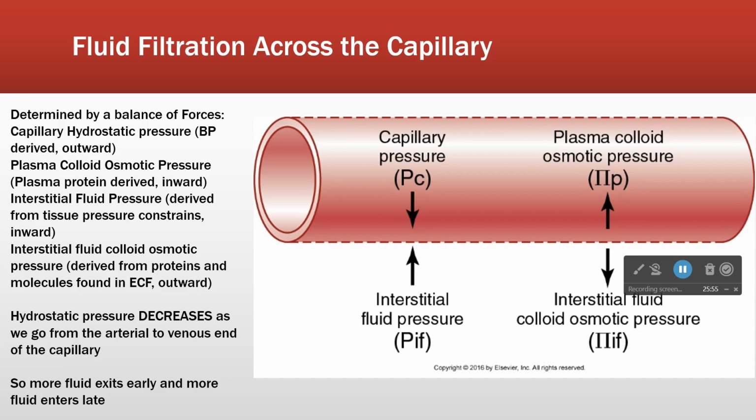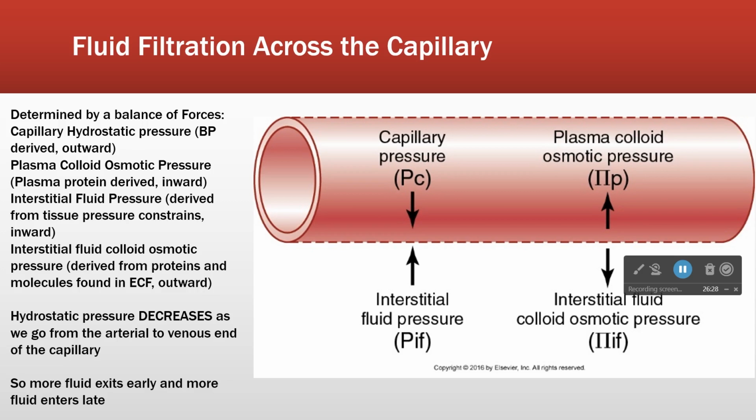Then we have a matching interstitial fluid colloid osmotic pressure. The interstitial fluid also has a bunch of stuff dissolved in it, okay? That stuff dissolved is also going to tend to pull fluid towards it. So we have an outbound and an inbound plasma pressure, and then we have an inbound and outbound interstitial pressure. So you can imagine that a balance is coming up here, right?